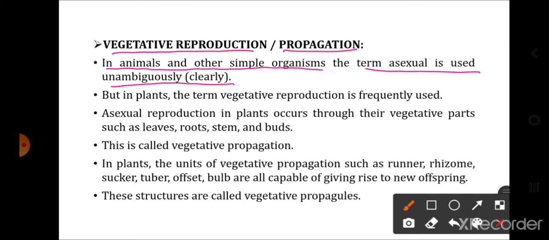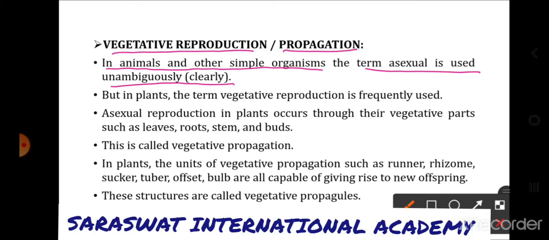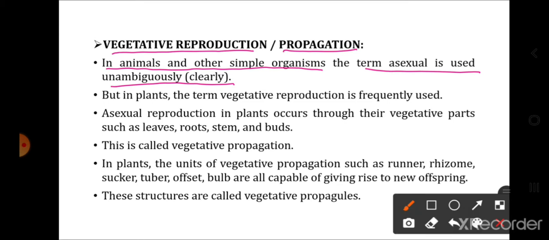That is, in animals and other simple organisms, only the term asexual reproduction is used. But when we consider asexual reproduction in plants, instead of the term asexual reproduction, the term vegetative reproduction or vegetative propagation is frequently used.